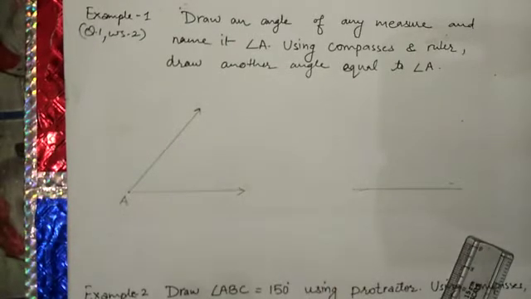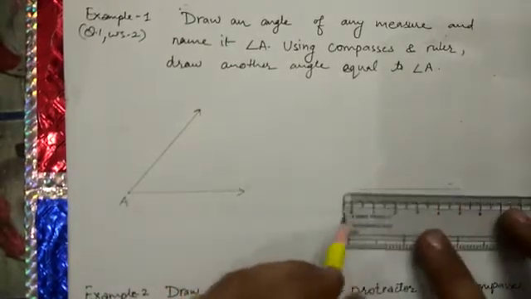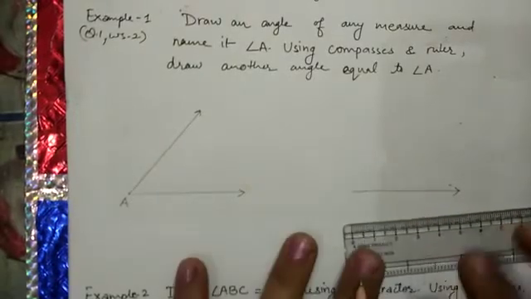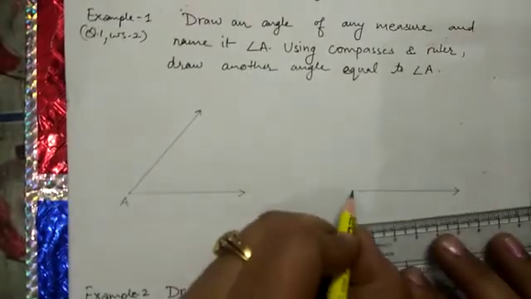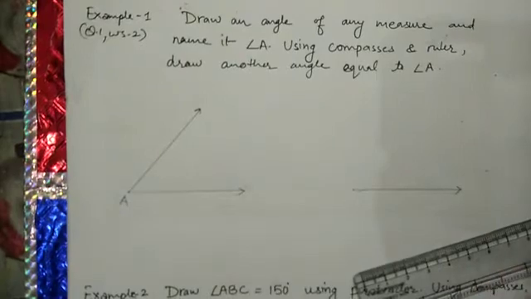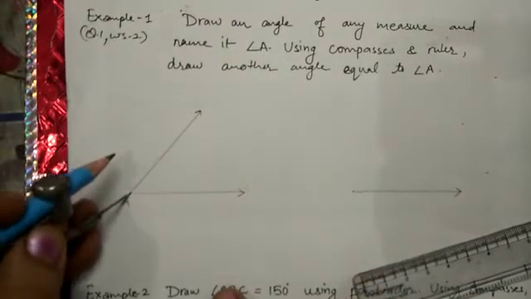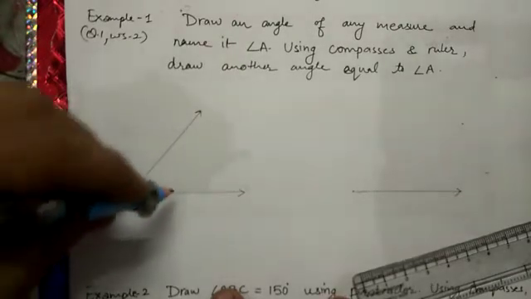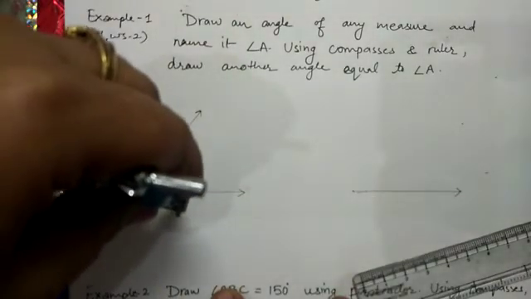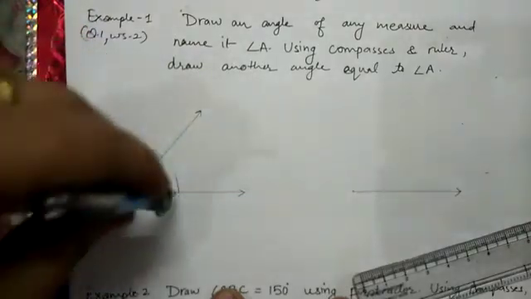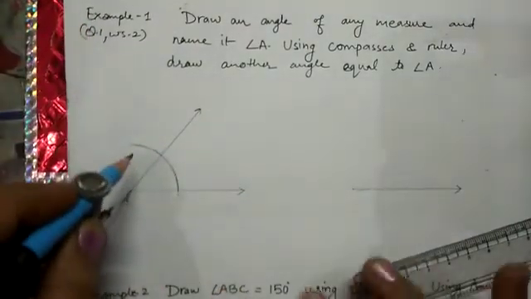For this we will draw one ray, and now we will use our compass and keep it at point A and mark an arc like this. Fine.